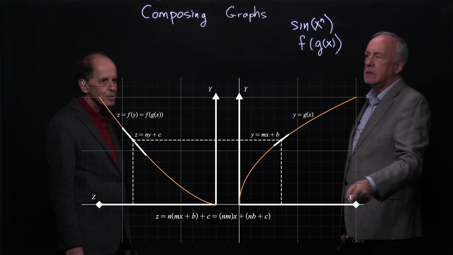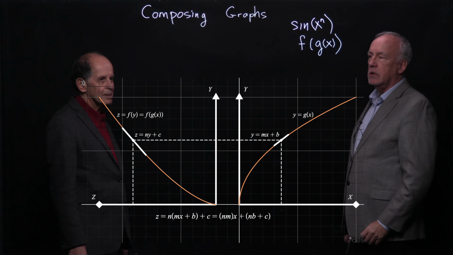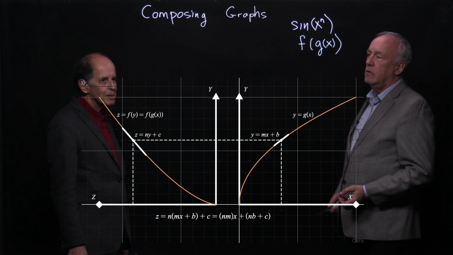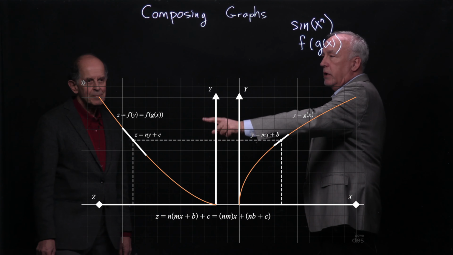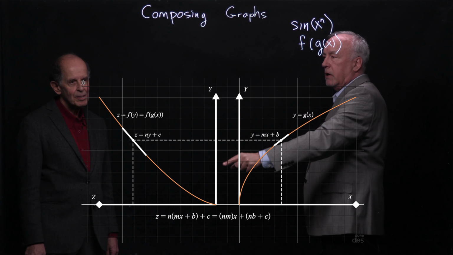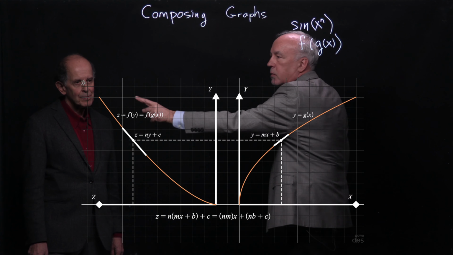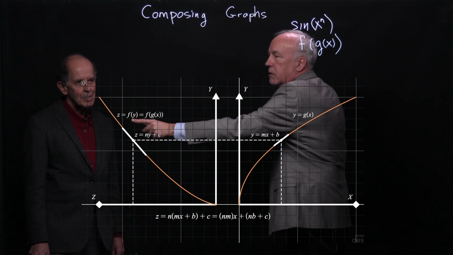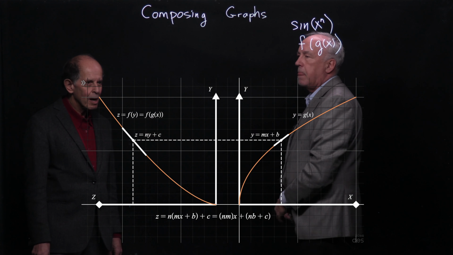We've got an x-axis, a y-axis, and a nice little curve explaining the function. To explain f, we set up a second graph in a different coordinate system. y is going to be the argument of f, and z will be the output of f. So z is equal to f of y. Got that? Yeah, I got that.